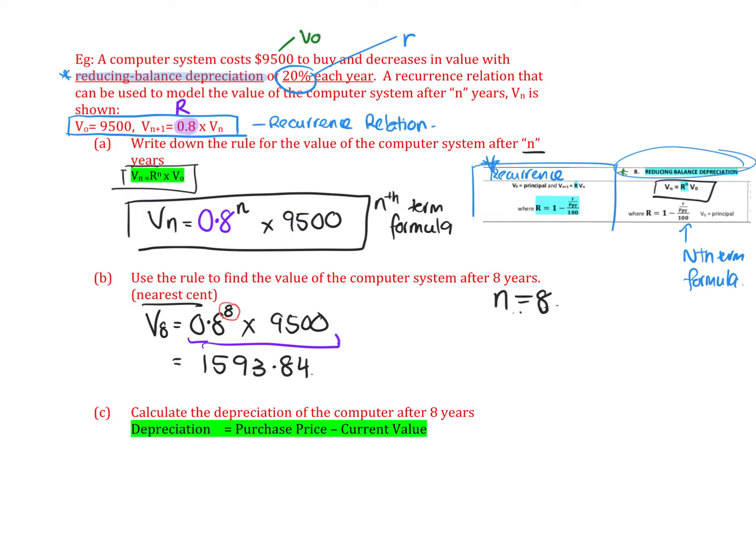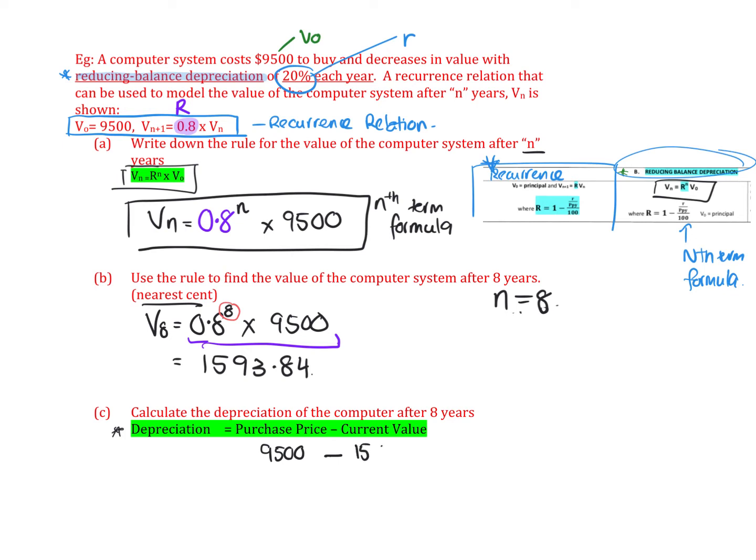Then it says calculate the depreciation. Depreciation means just how much has it gone down by, not what the value is now. So I've put a little note there. Depreciation would be the original price, which is 9,500, minus the current value, because they said at 8 years how much has it dropped.